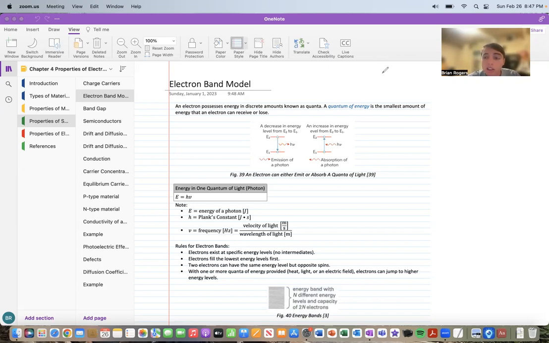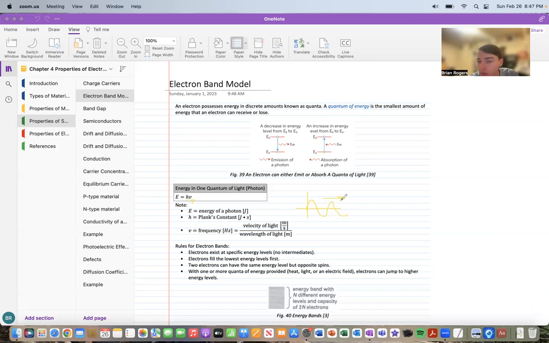And so the energy in one quantum of light, which is a photon, is equal to Planck's constant, which is a constant, multiplied by the frequency. This frequency is going to be equal to the velocity of light divided by the wavelength of light. When I refer to the velocity of light, that's how fast that waveform is moving, how fast it's propagating.